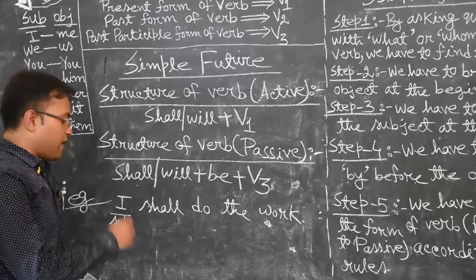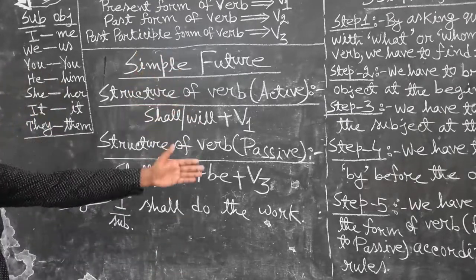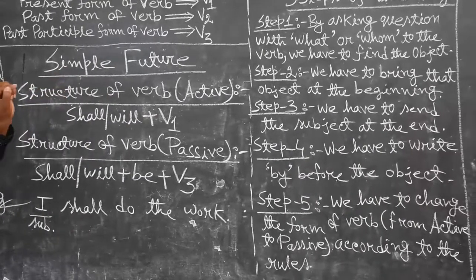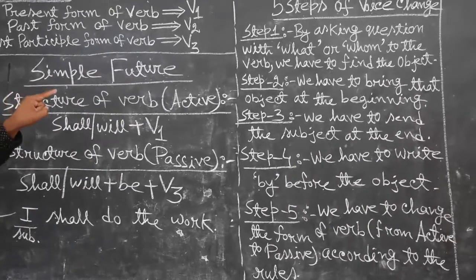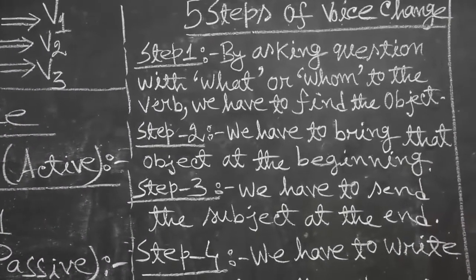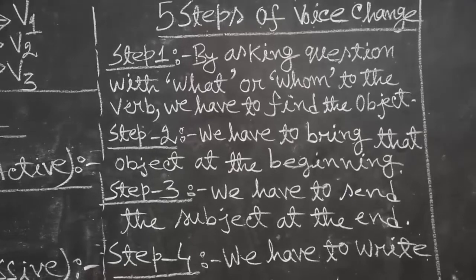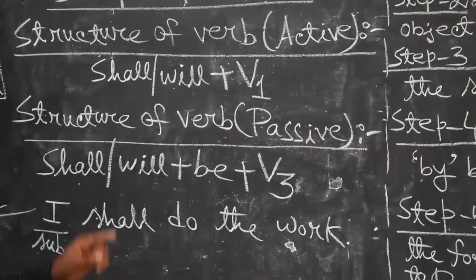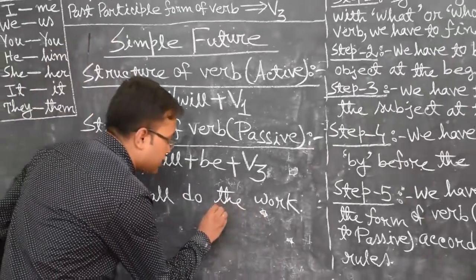Then I will do this voice change according to the steps. Step 1. By asking question with what or whom to the verb, we have to find the object. I shall do what? The answer is the work. So the work is the object here.